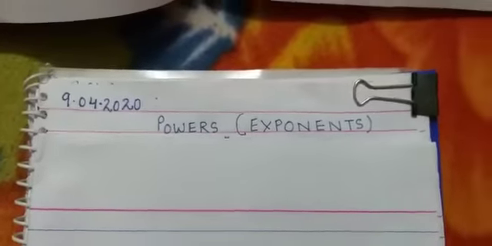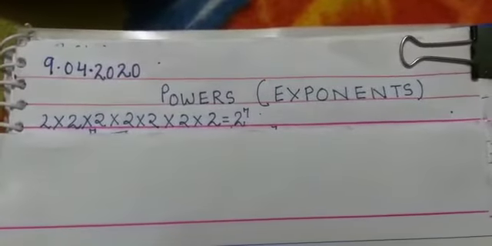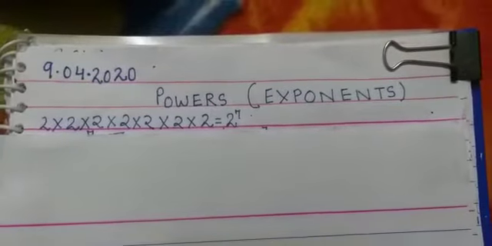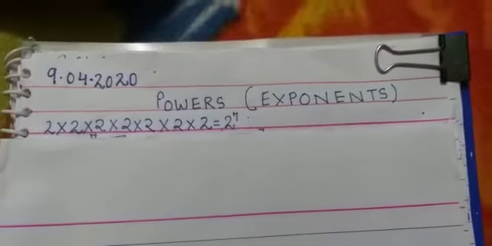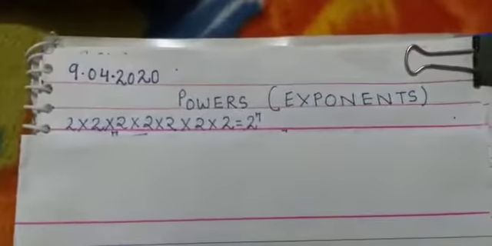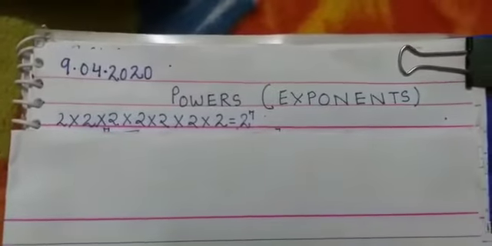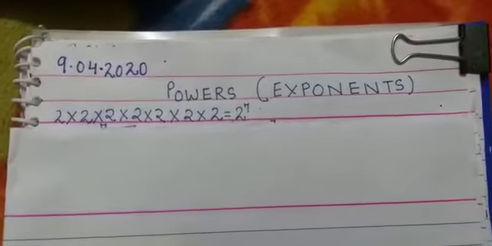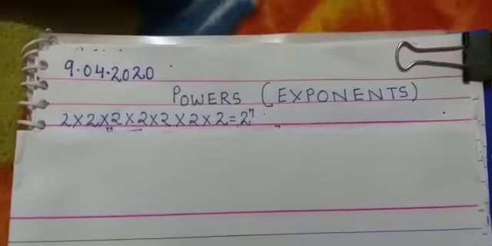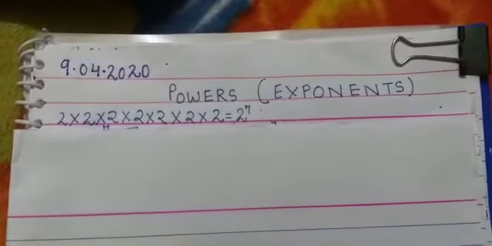Right. See, if I take an example, what am I doing here? I'm multiplying 2 by 2 by 2, and how many times am I multiplying 2? It has been multiplied 7 times. So what am I going to write? It is 2 to the power 7, the repeated multiplication of 2 by itself 7 times.